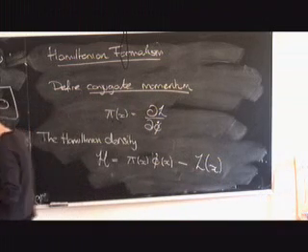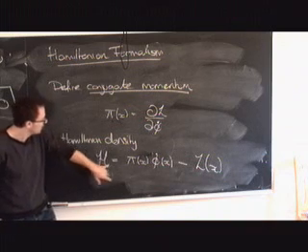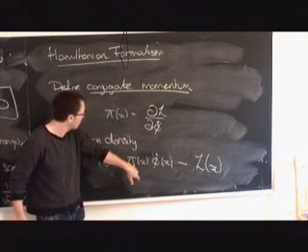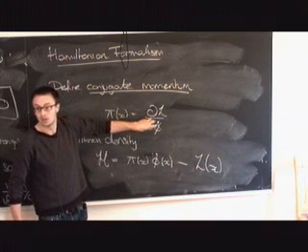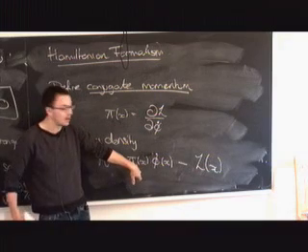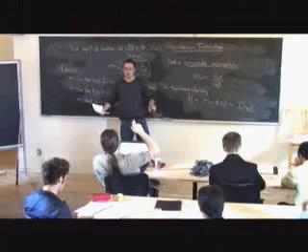And just as in classical mechanics, you should view this not as a function of phi dot, but everywhere there's a phi dot, you should view that as a function of pi defined by this equation here. So you should view this as a function of the conjugate momentum pi and the fields phi, but not phi dot. Exactly the same story as usual.